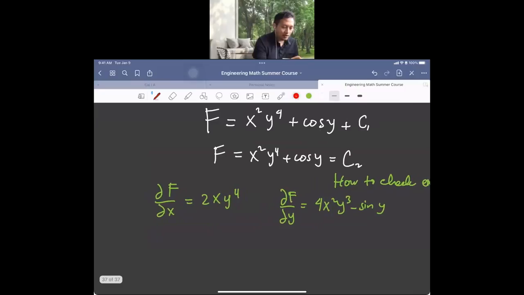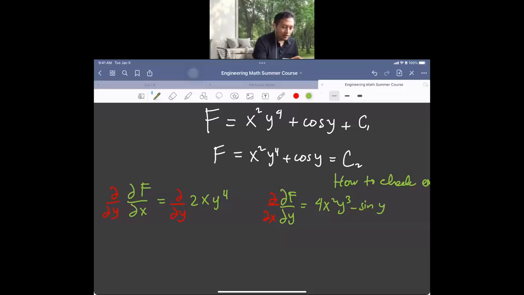Now take the partial derivatives, the left one with respect to y, and the right one with respect to x.